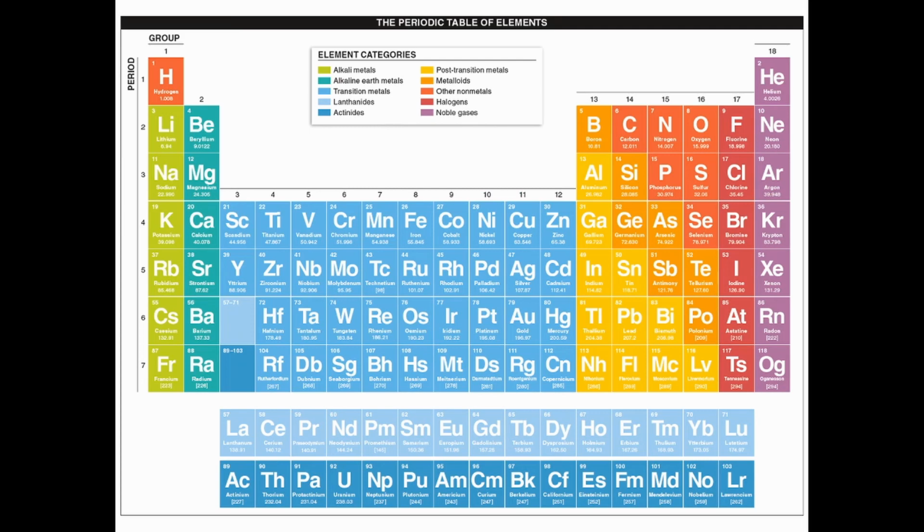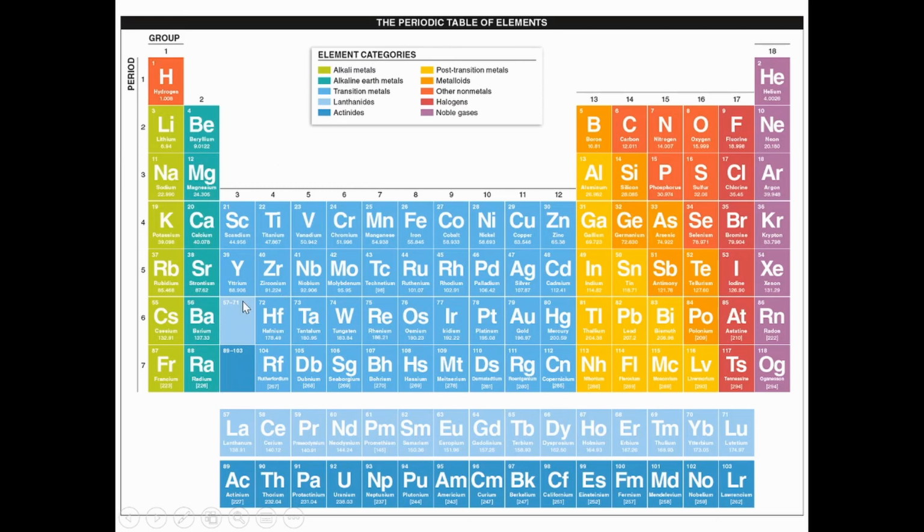So here we see the periodic table in its entirety. If we notice again, we have some color categorization going on, and we're categorizing them based off of the types of elements they are. The ones that are coded together have similarities. They're not the same element, but they have similarities in how they react and what they do. So like all the alkali metals, alkaline earth metals, right?